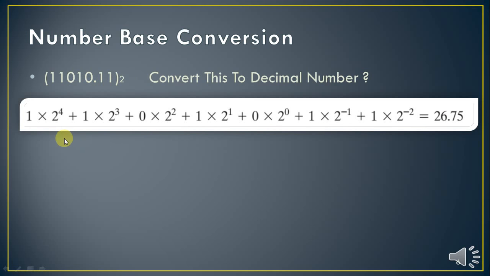From here we start with 0 1 0 1 1. This 0 will be multiplied by 2 with its position, and its position starts from 0. I mean 0 1 2 3 4.